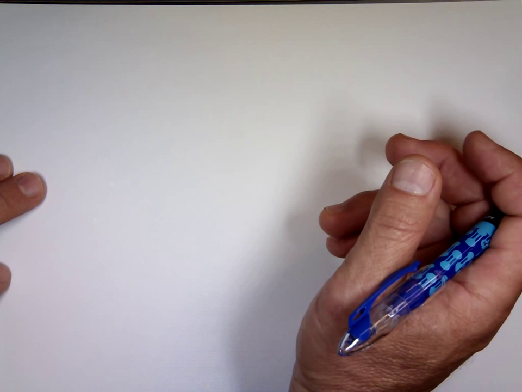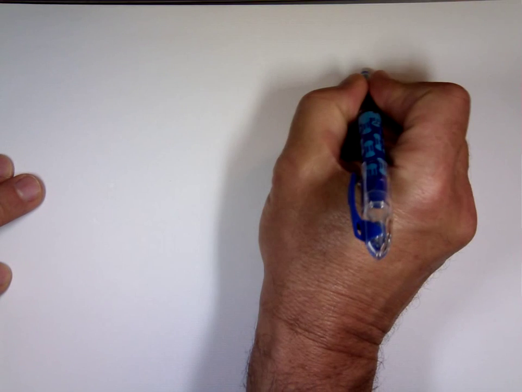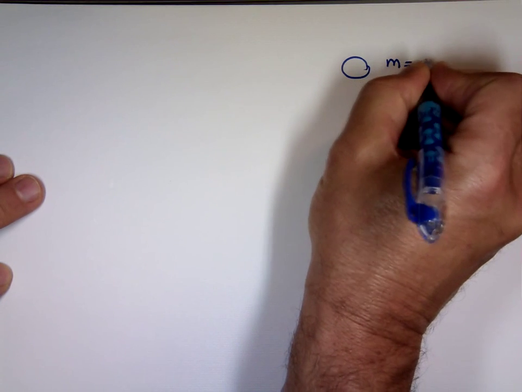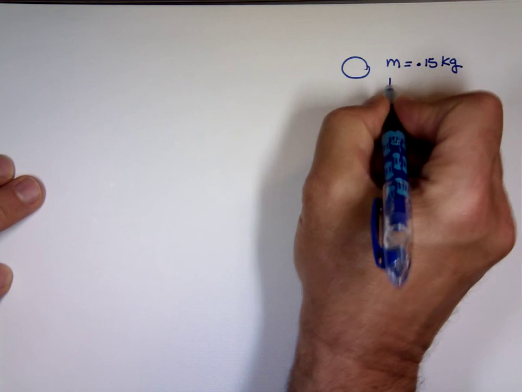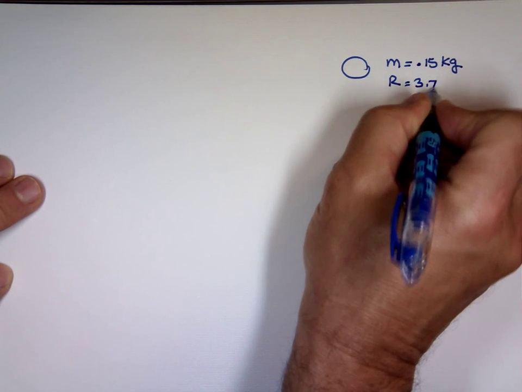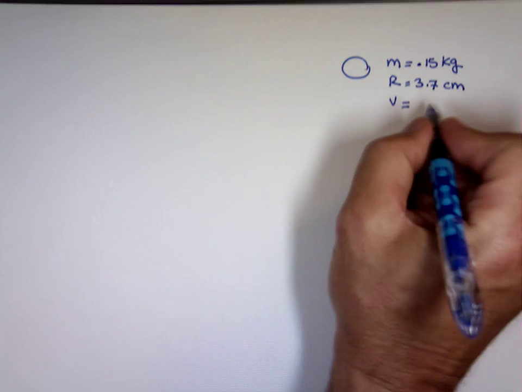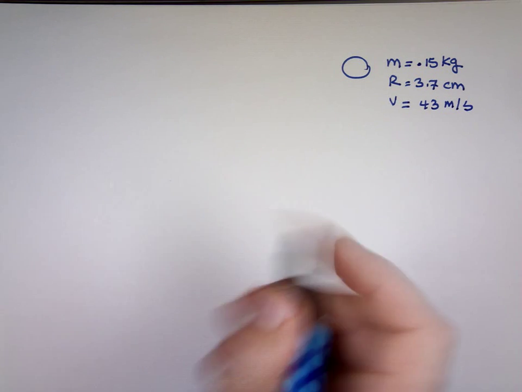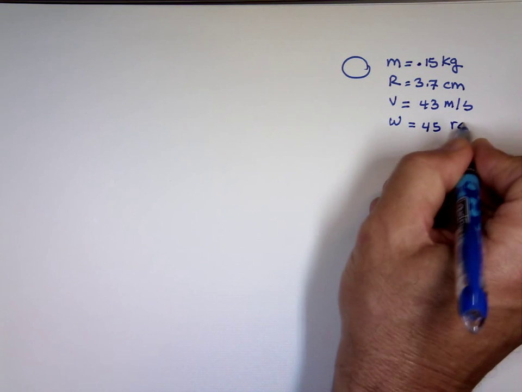Here we go, we have a baseball here. If a 0.15 kilogram baseball, the mass is 0.15 kilogram, which is 150 grams, has the radius of 3.7 centimeters, thrown with a linear speed, V, of 43 meters per second, and angular speed, W, because you put a spin on it, 45 rad per second.